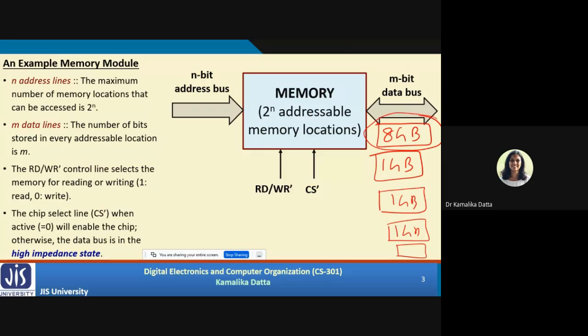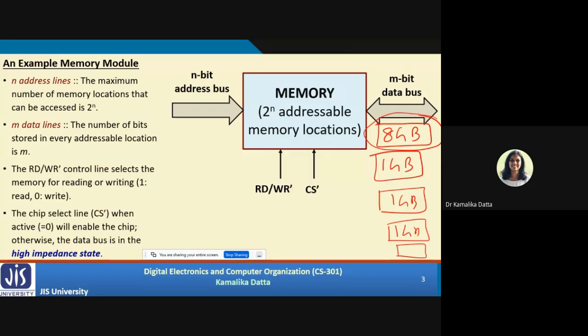So the total memory doesn't mean that you have one single module. You may have multiple modules that make your whole memory.